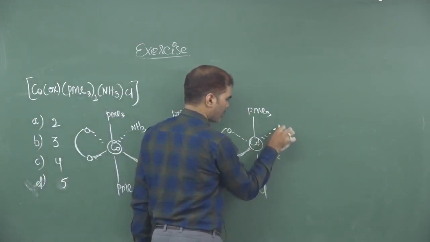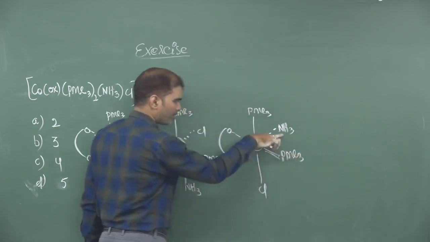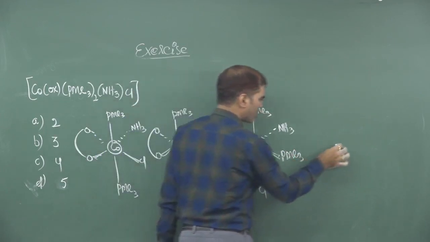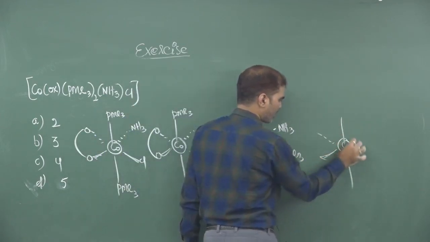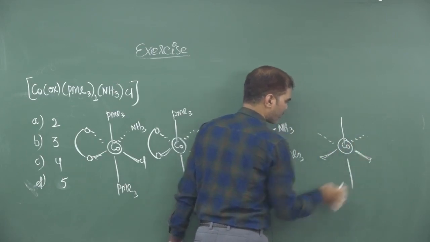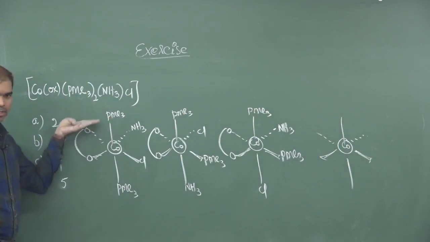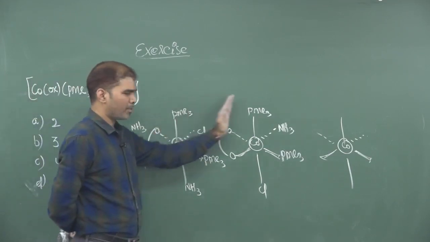So here you put amine, here you put PMe3. Even if I put PMe3 here, it is the same isomer. In space they are same. PMe3 is not trans to the chelating ligand; it is cis, perpendicular to the chelating ligand.